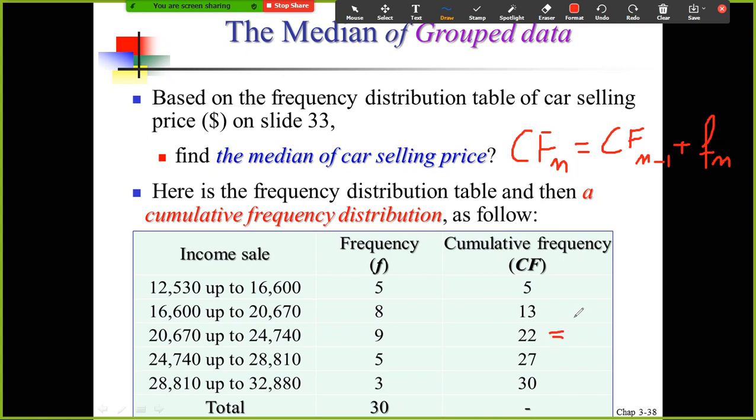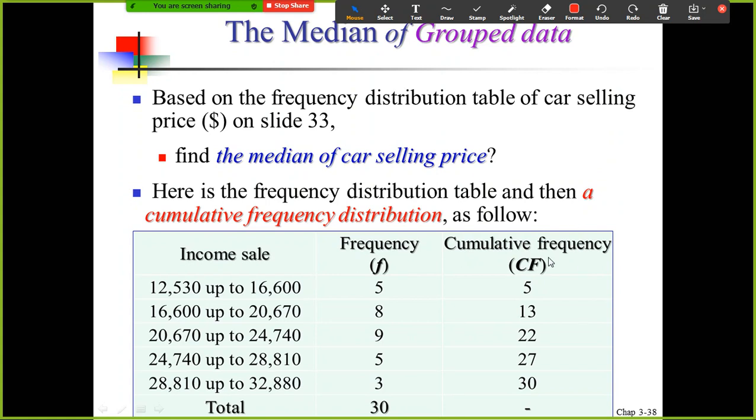Next, 22, because n equals 3. Cumulative frequency of class 3 equals cumulative frequency of class 2, which is 13, plus 9. So you can do the same way to find the last one here.